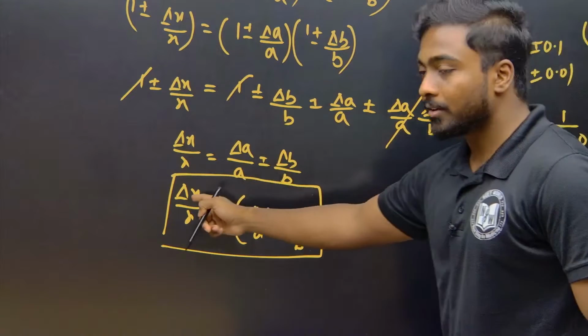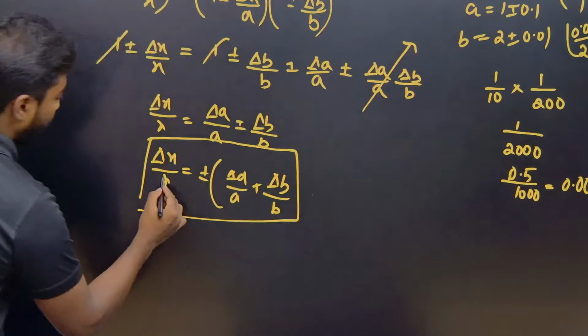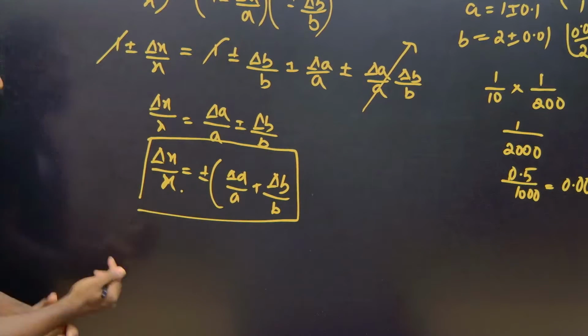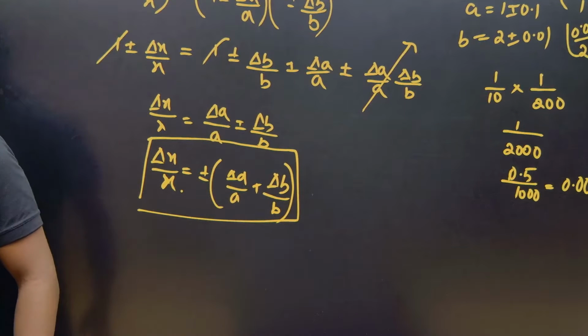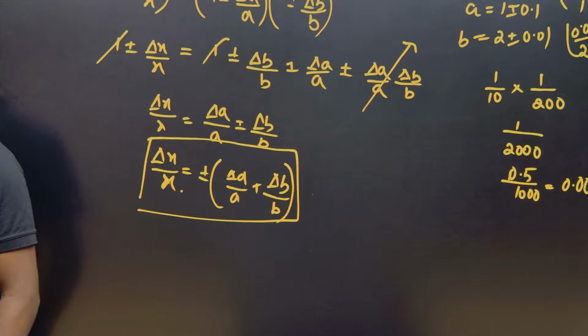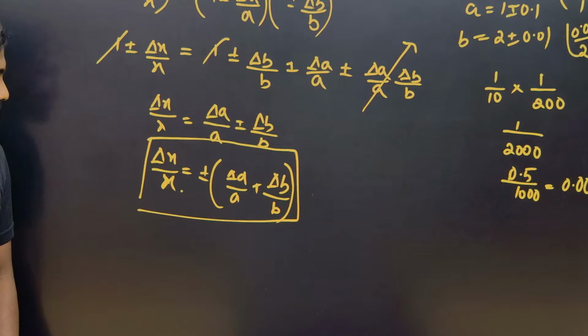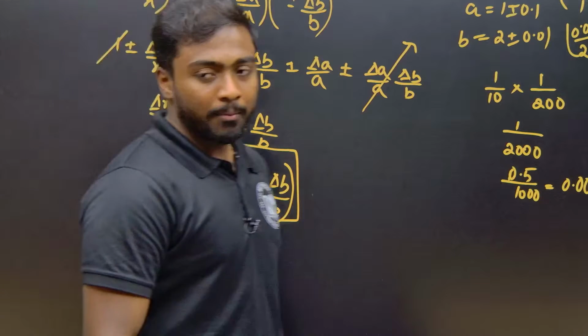But for delta x, I need to use this formula. You can take this formula if you want. Delta x by x is equal to plus or minus delta a by a plus delta b by b. Okay, this is for multiplication.